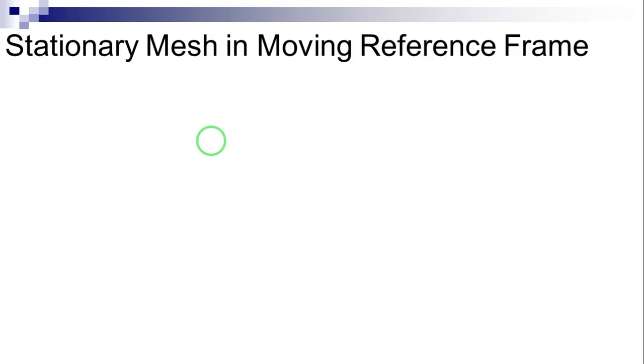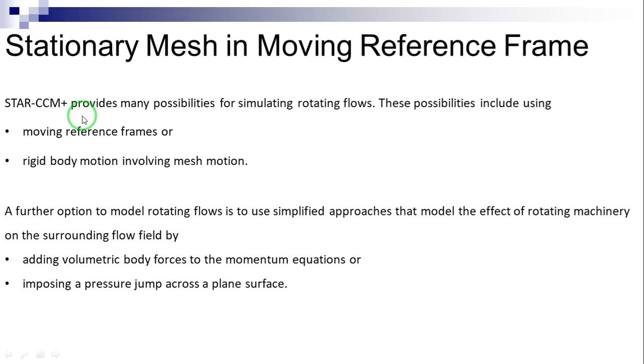For flows around rotating machinery, STAR-CCM+ also provides simplified approaches that approximate the effect of a rotating structure on the surrounding flow field without the need for mesh motion, moving reference frames, or detailed modeling of the structure geometry.